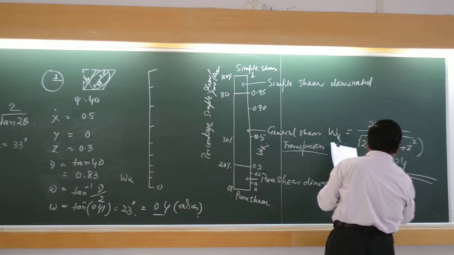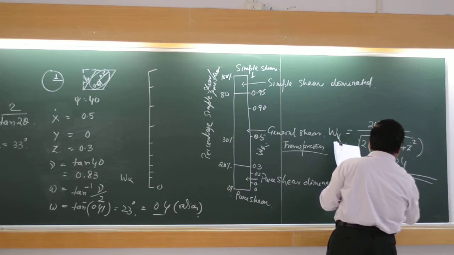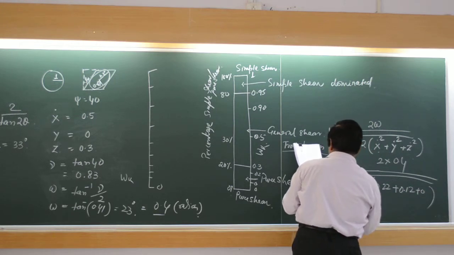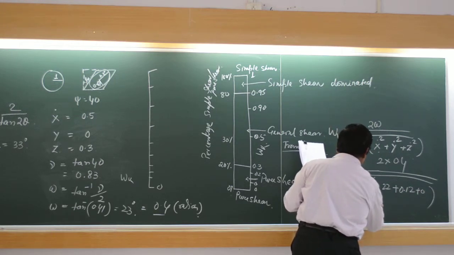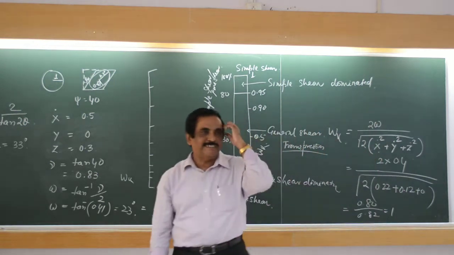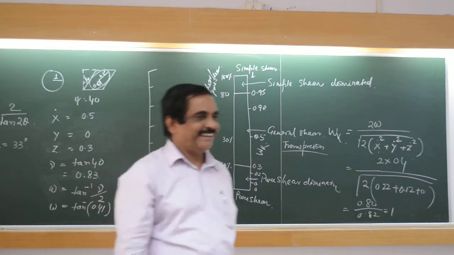See all those things? Something I'm writing, you can just be coming to somewhere around 0.80 by 0.82. Something like that.